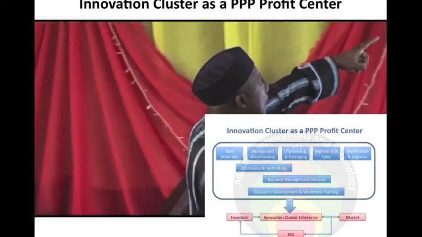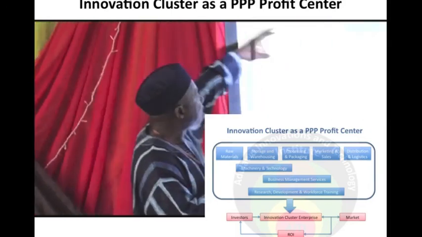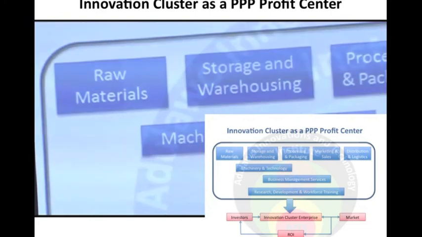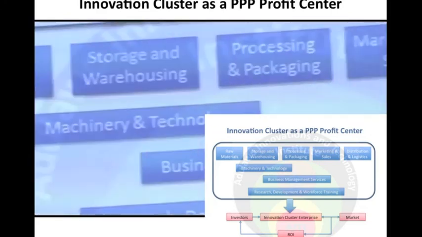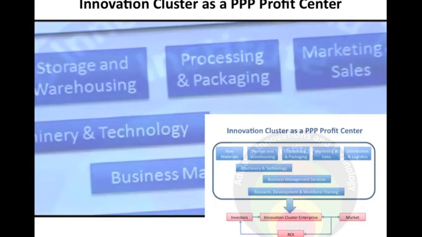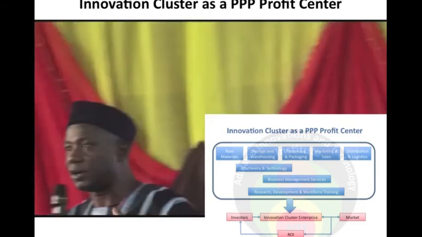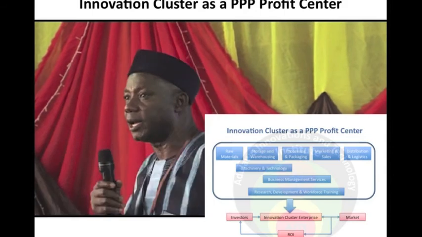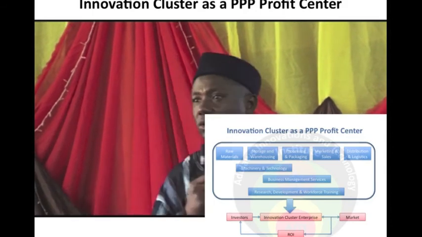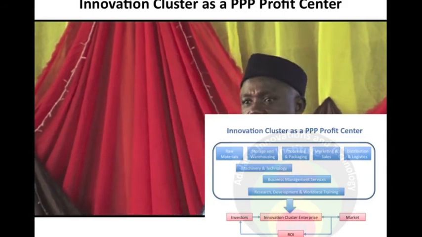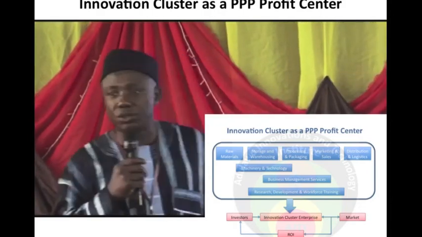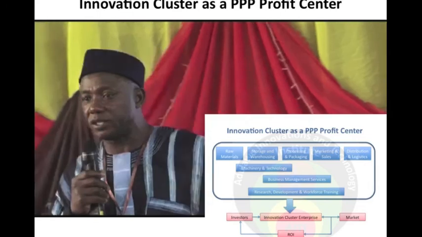What if a farmer can access machinery and business management and R&D without having to pay a word for it? That opens up all kinds of possibilities. You can even talk of trying to rent an airplane to fight pests from the air, because they're all part of some huge organization called an innovation cluster.